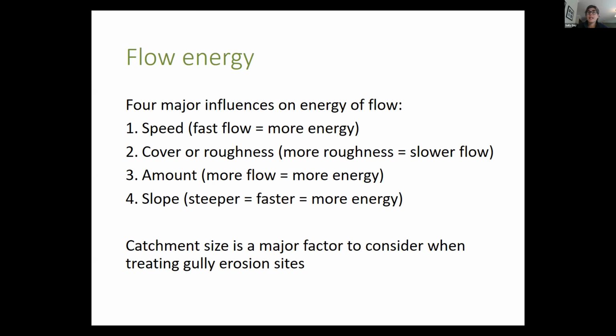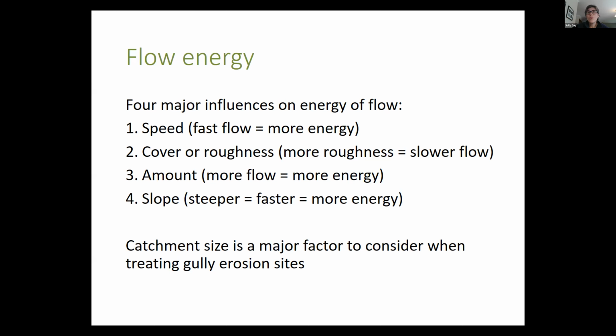The third point here is the amount of water that we have. If you're in a very small catchment versus a very large catchment, you're going to have a lot more water. The more flow you have, the more depth you have, the more energy you're going to have across that surface. And slope is the fourth influence. The steeper the slope, the faster the water will flow down the slope, the more energy it has.